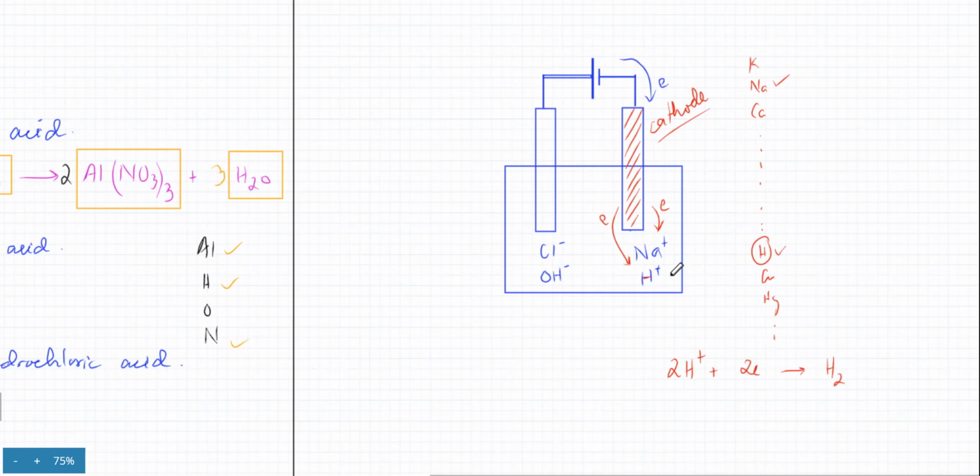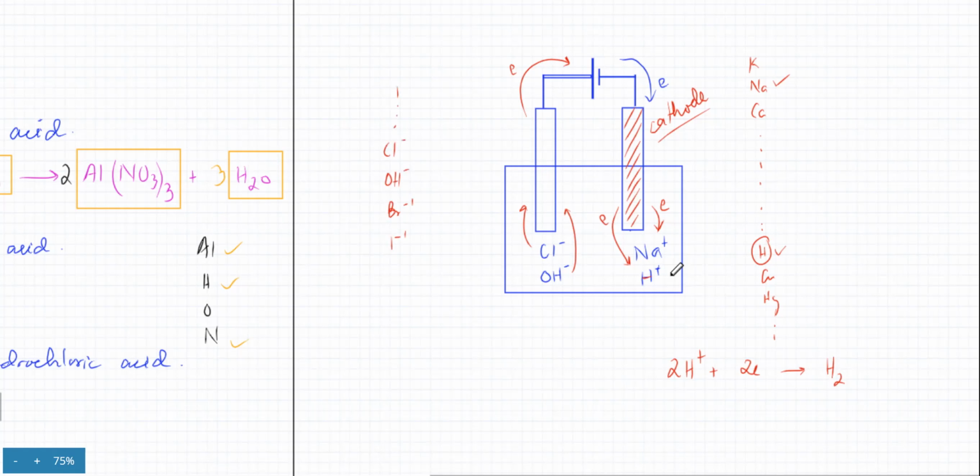अब दूसरी साइड पे क्या होगा? दूसरी साइड पे you have OH-1 and you have Cl-1. So who's going to give the electrons to the battery? It's either Cl-1 or it's OH-1. तो यहाँ पे जो series थी, it was I-1, then Br-1, then you had OH-1, and then Cl-1, and then the rest of the negative ions, right?